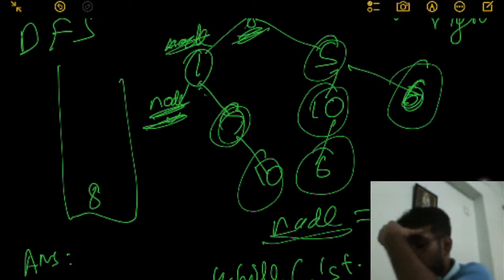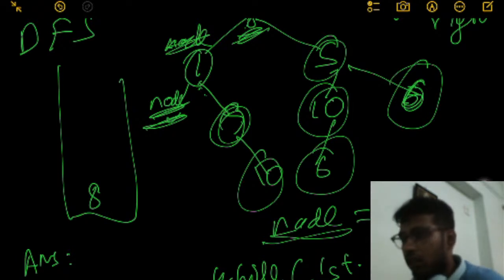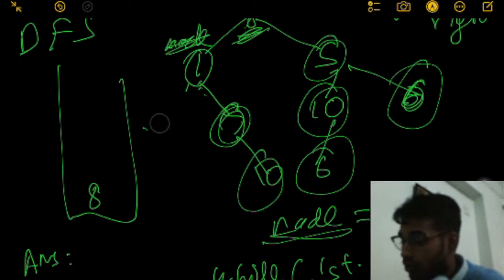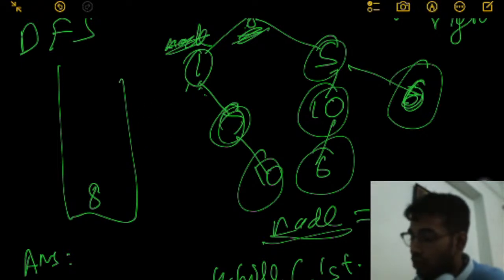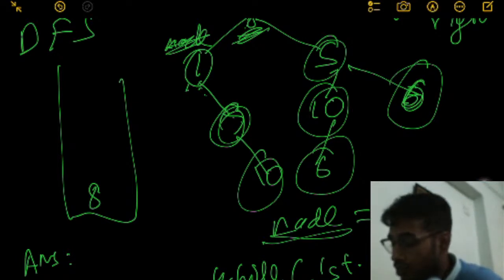We popped this 1 and then node became 1 again. After this node became null, we went back to the node at the top of the stack, which was 1, and then we moved to the right of this particular node.